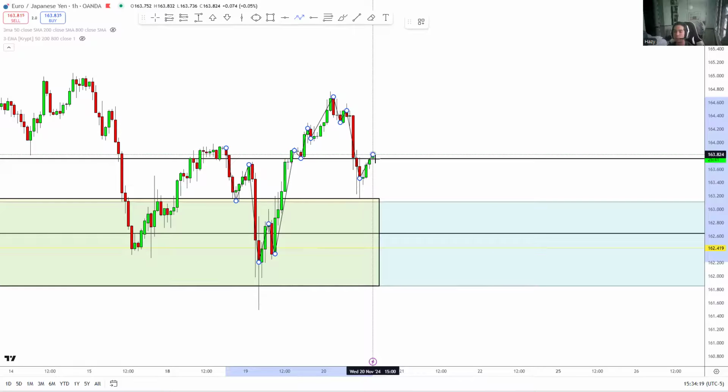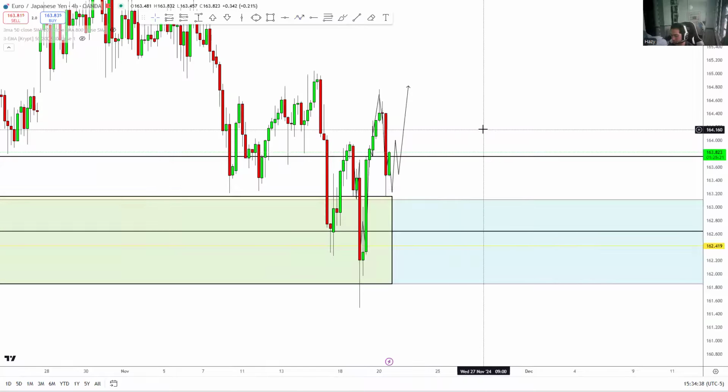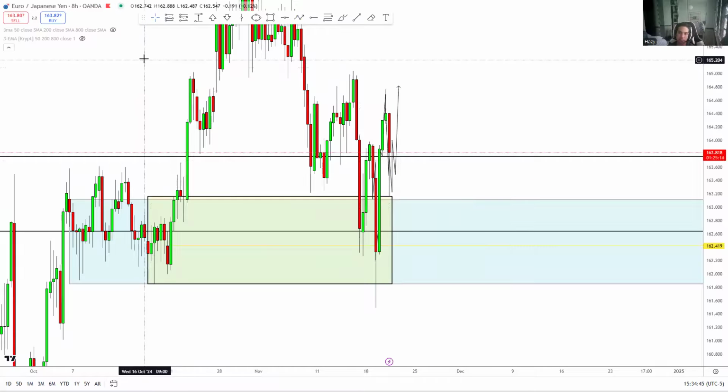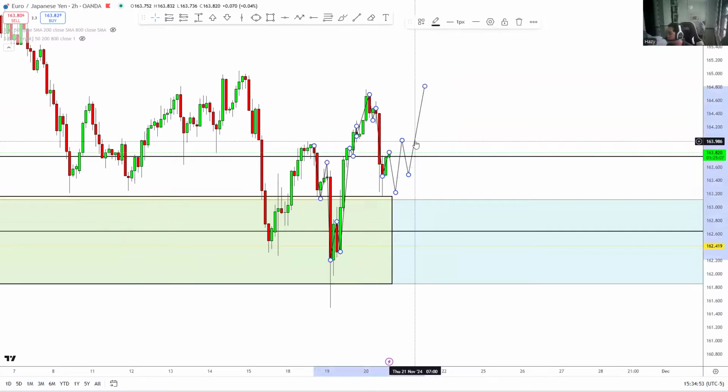I'm waiting for price to create a lower low and then break this previous lower high, so that we can create a higher high, a higher low, and then a bullish engulfing or bullish variation pattern to enter this trade. So those are the two scenarios that I'm looking at right now. Let me see how it looks at 480. Yeah, so I'm entering either on the 2 hour or 1 hour, and those are the criteria that I'm looking for to enter a trade.